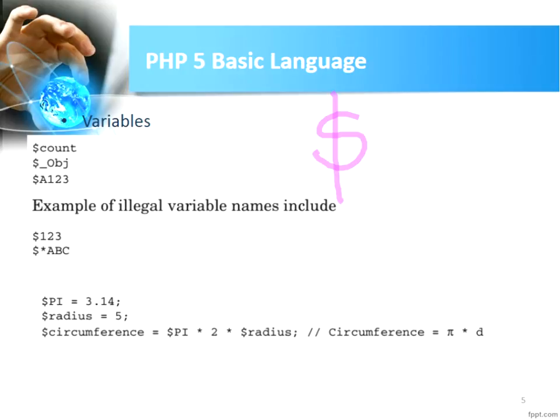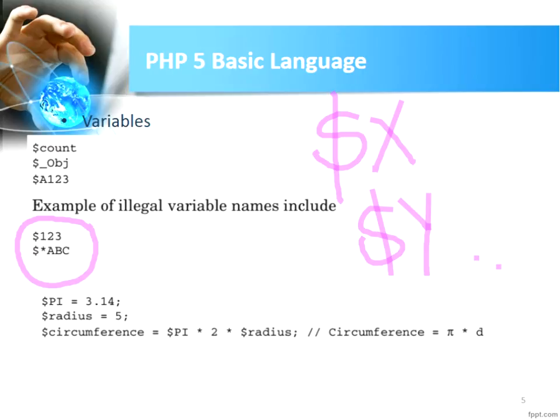We discussed together how we can create a variable in a PHP code. So to create a variable, we use the dollar symbol. After that, after dollar, we write the name of this variable.